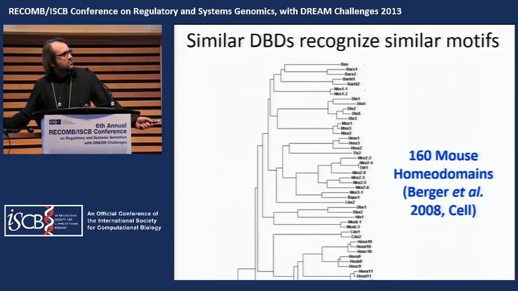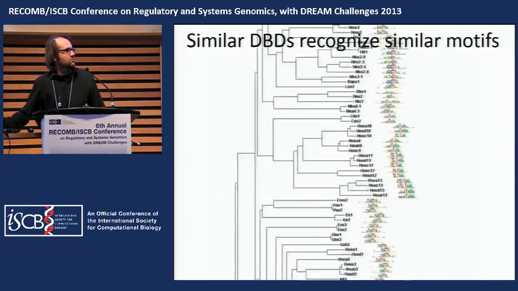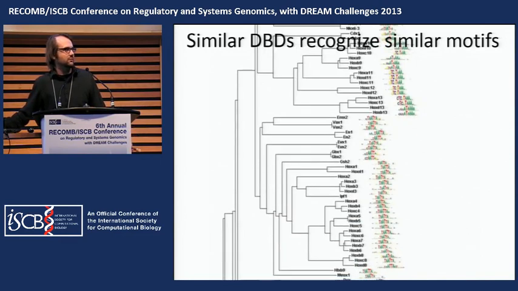This tree is showing what you get just by clustering the amino acid sequences of the DNA binding domains. Now I'm superimposing the motifs that they recognize, color-coded, so you might not be able to see them all, but the idea is that if you have a similar amino acid sequence in your DNA binding domain, you're going to recognize a similar motif. And that's true as you march all the way through all the 160.